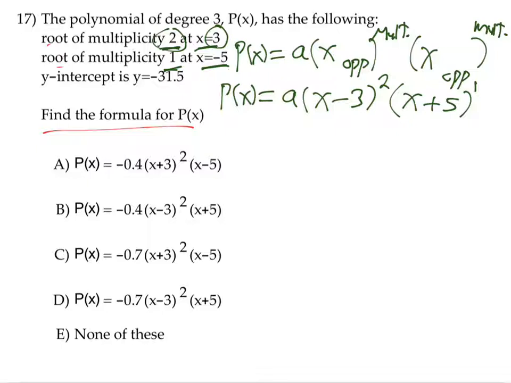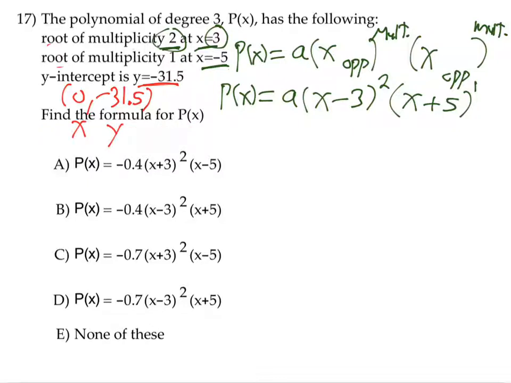Now we have to figure out what the a is in the front. How do we do that? We plug in the y-intercept. Remember, the y-intercept means x is 0, y is negative 31.5. Remember, intercept points always have the opposite letter 0. So a y-intercept has x 0.